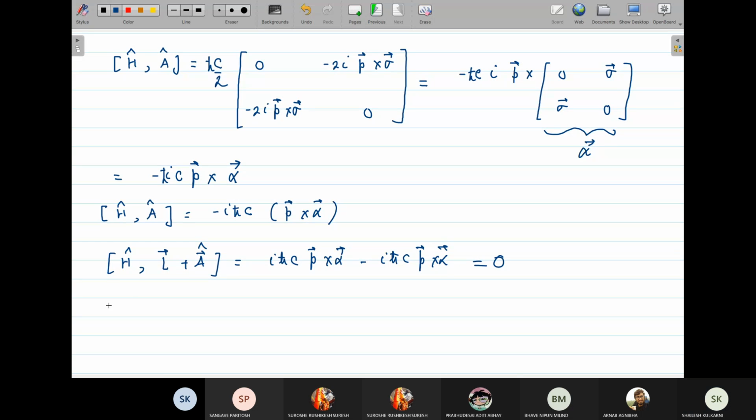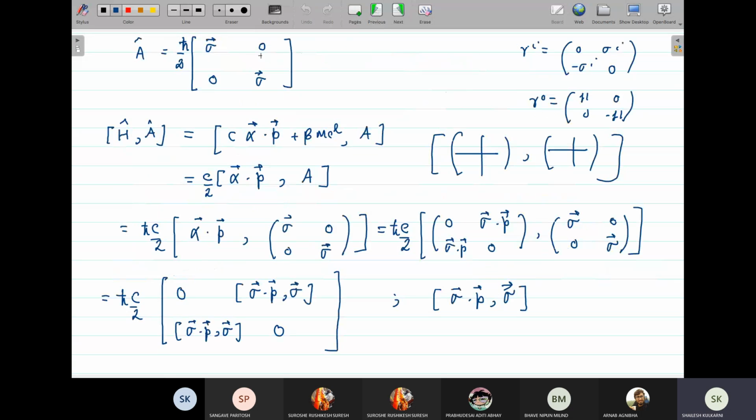Hence it is. So if I add this part to L, and define that as my total angular momentum, then that is a constant of motion. And this part is interpreted as spin angular momentum.